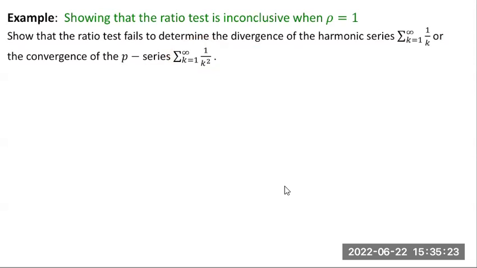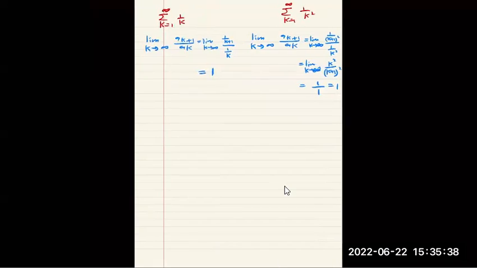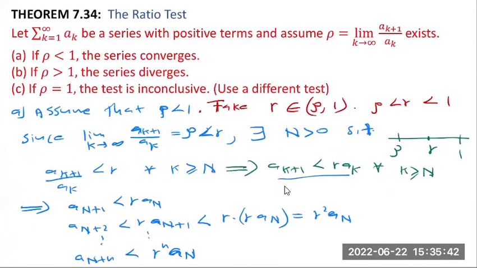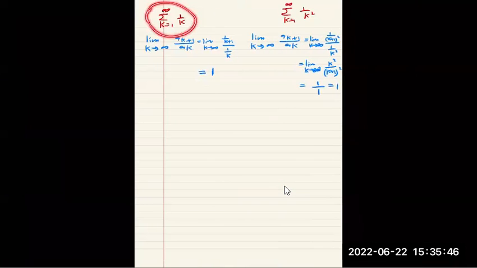So we are asked to show that the ratio test fails to determine the divergence or convergence of this series. In fact, we are done with this example. Remember, when we gave the proof of the ratio test, we took these two examples. These are exactly the same examples that we have in that example.